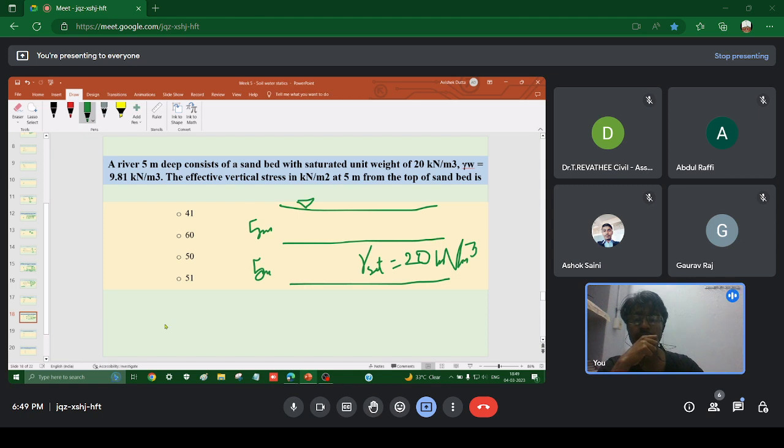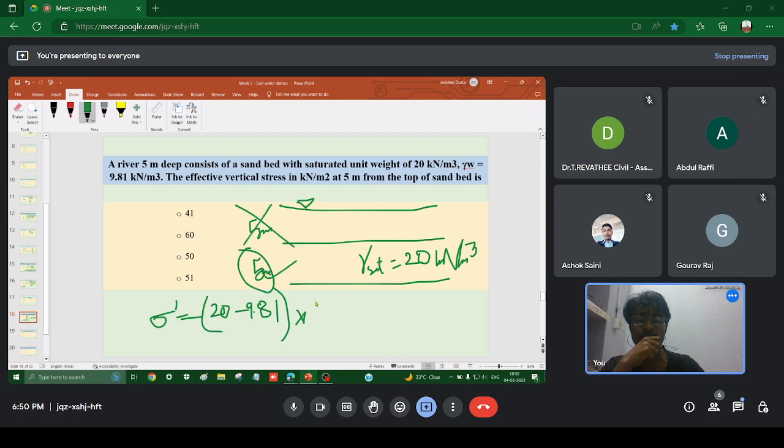So that will be sigma dash, equal to gamma sat minus gamma W, isn't it? So 20 minus 9.81, into 5. For effective stress we are not going to consider this height, only this will be considered.